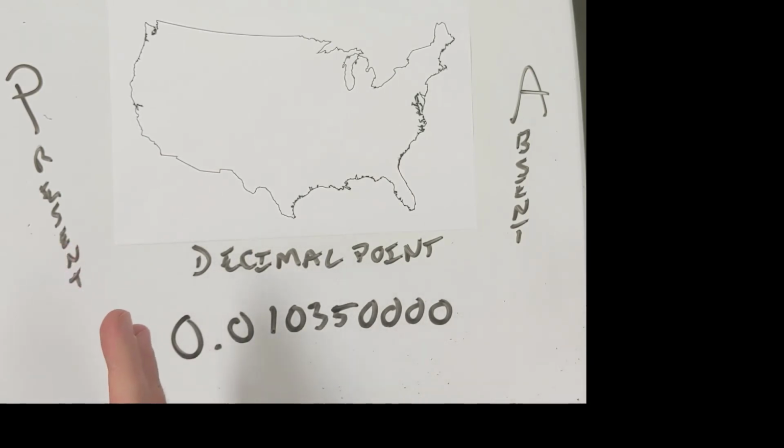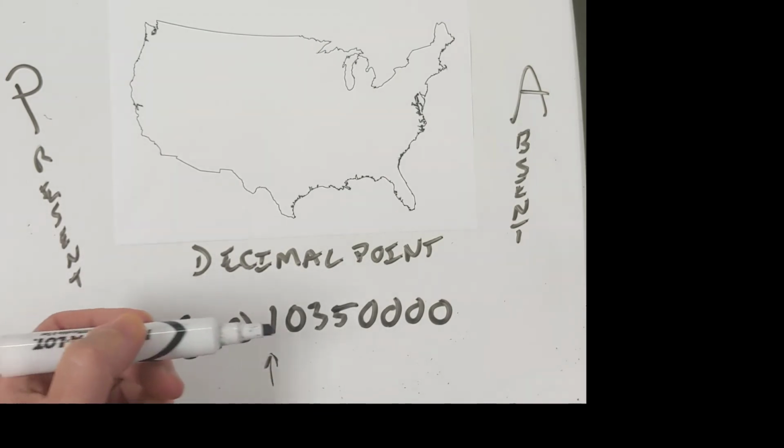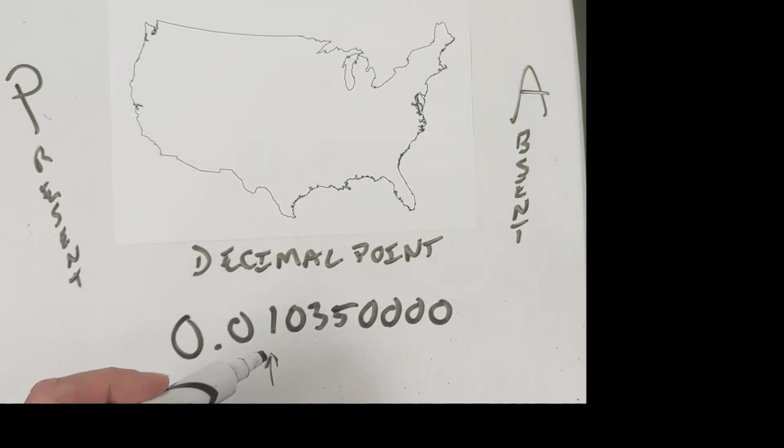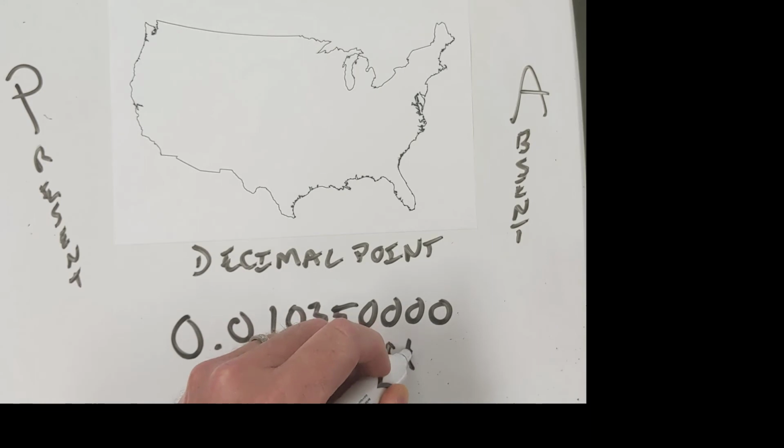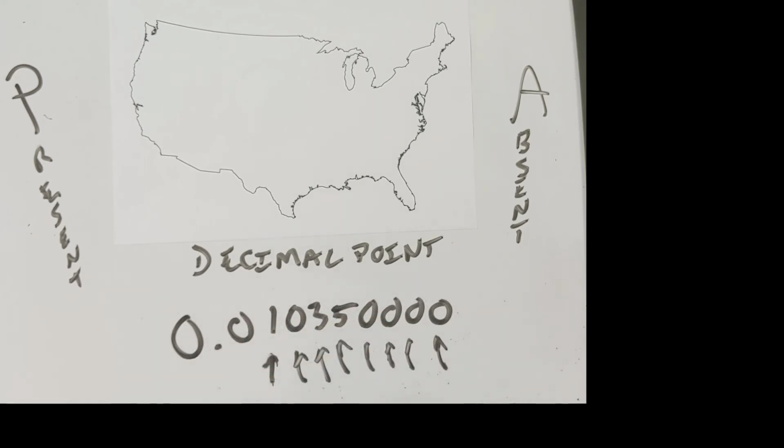So I'm going to start on the left. I'm not going to count this. I'm not going to count this. There's the first number that's not a zero, moving from left to right. Once you hit that first non-zero digit, everything to the right counts. You don't even have to worry about whether it's a zero or not. Count every digit to the right. So that's 1, 2, 3, 4, 5, 6, 7. Plus the one that we started with, that's a total of 8 significant figures.